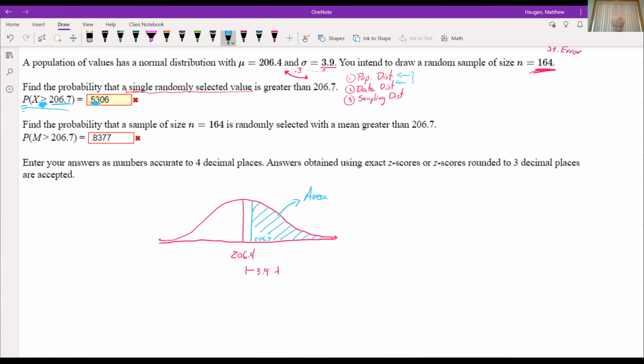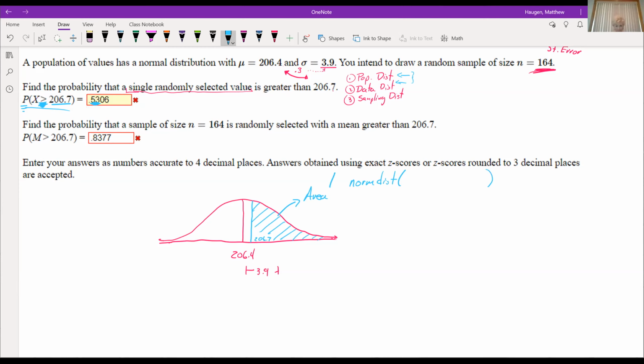Yeah. Okay. So that's not our inverse tool. That's our norm dist tool. And if we did our normal distribution tool, if we did our tables, or we used the way the calculator is naturally set up, we'd be doing this lower portion, right?